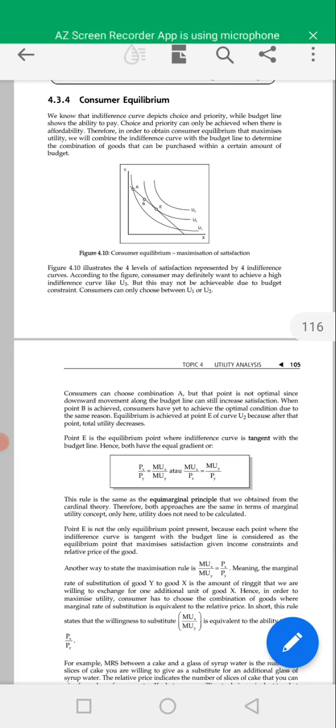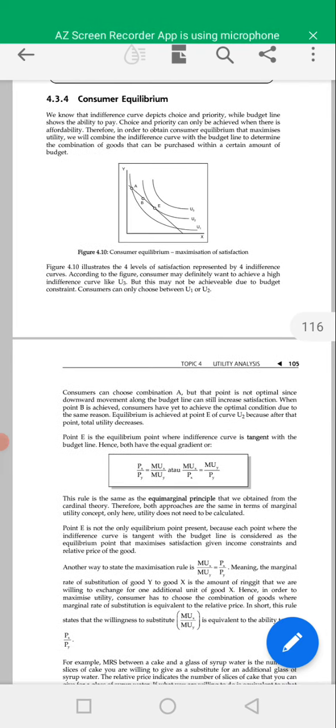To determine this bundle, first of all, you need to know that the consumer cannot spend above their income. The budget line represents their ability to pay, the money that they have.